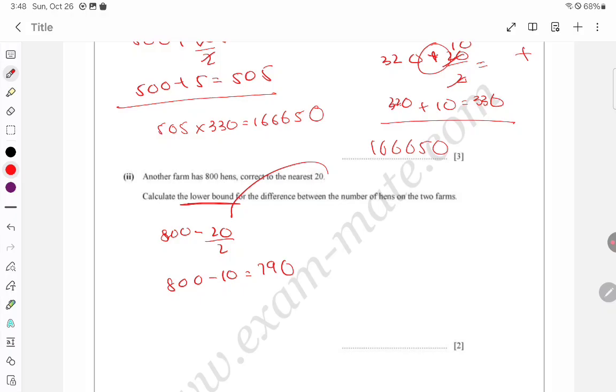Now 790 for the difference, minus 505 will give you 285, which is the difference between the number of hens on the two farms.